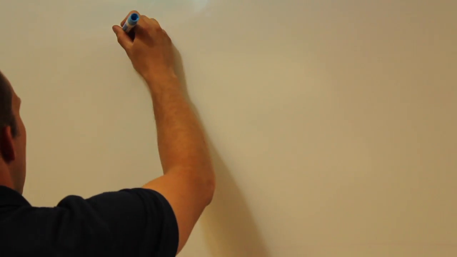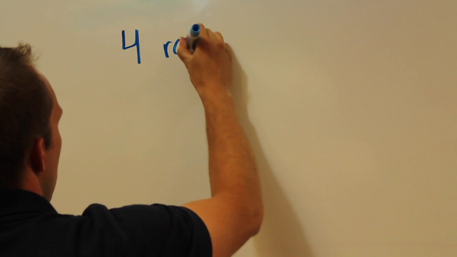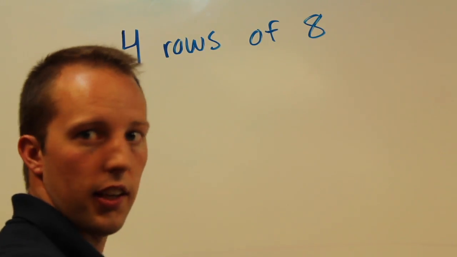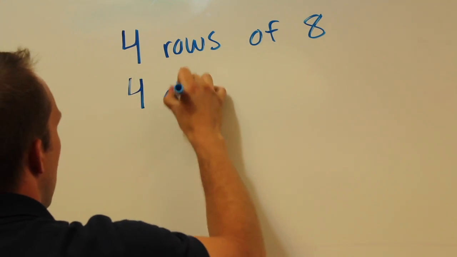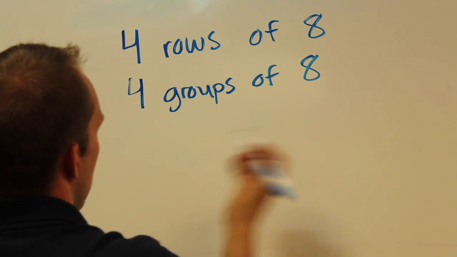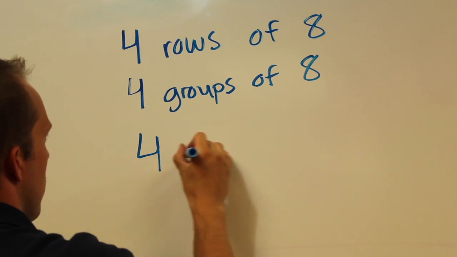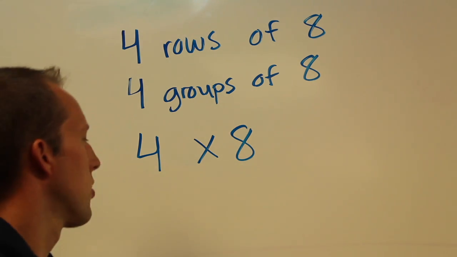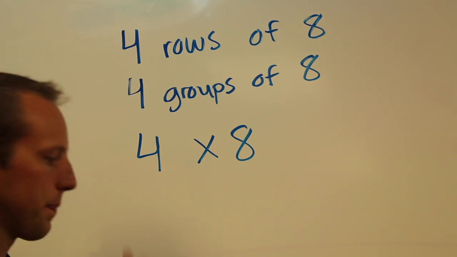So first, let's try using an open number line. Okay, so if we've got a box of crayons and it's got 4 rows of 8, that's kind of like saying it's got 4 groups of 8, or we could also just say that as 4 times 8. So really we're dealing with a multiplication problem here.